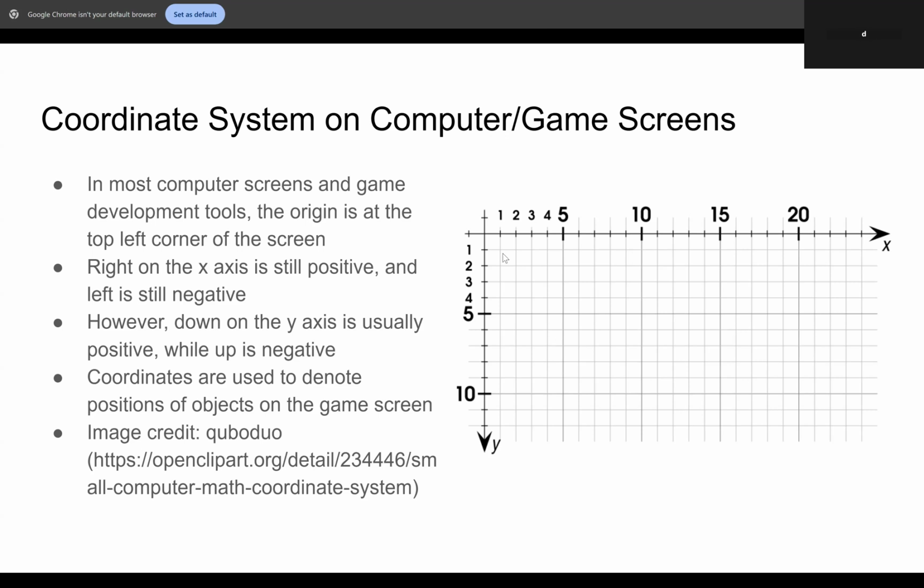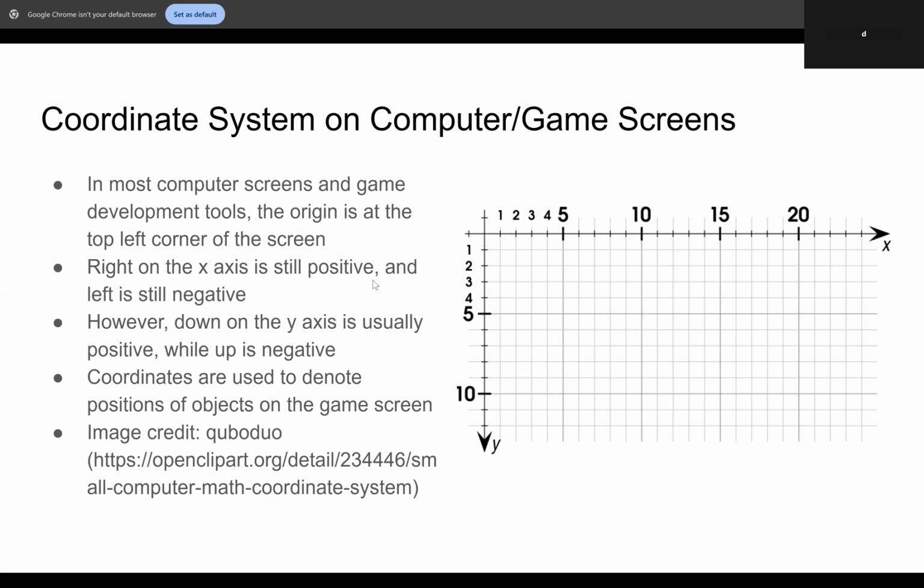So if you had a coordinate that was either a negative x or a negative y, it would kind of be off of the screen. Okay. So that's the main difference, or one of the main differences. That on a computer or game screen, the general standard is that the origin is at the top left corner of the screen. Okay.